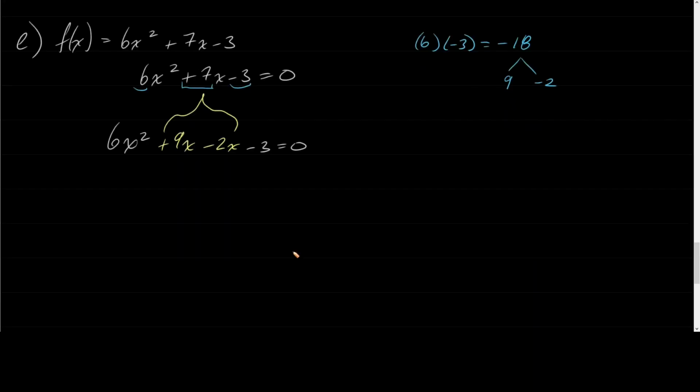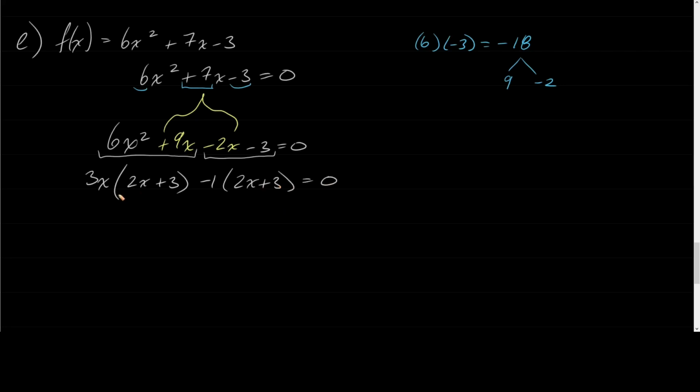All right. At that point, group them. I'm going to group the first two together and the last two together. From the first two, I see that I can take out a 3x, and I'm left with a 2x plus 3. From the second two, I want to make sure that I'm left with a 2x plus 3. Well, even though 2 and 3 don't have any common factors, I can take out a negative 1, and I'm left with a 2x plus 3.